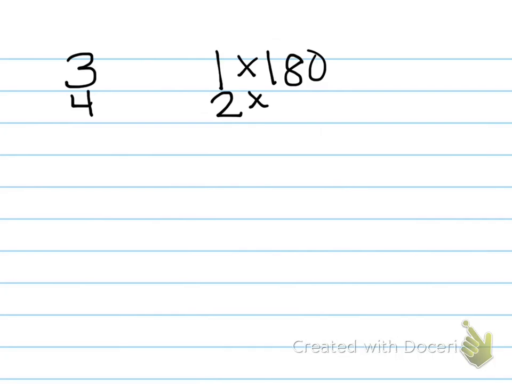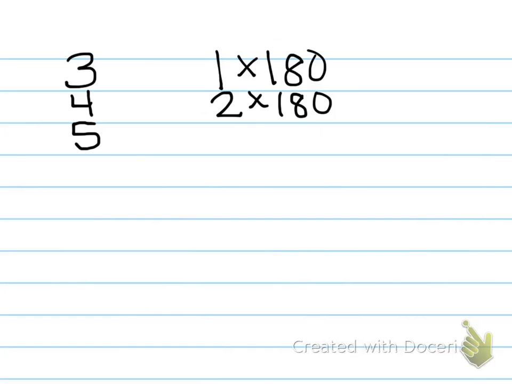Okay, so hopefully you've found a pattern. So again, let's recap. If we had 3 sides, we have 1 triangle times the 180 degrees. If we had 4 sides, we had 2 triangles times the 180 degrees.